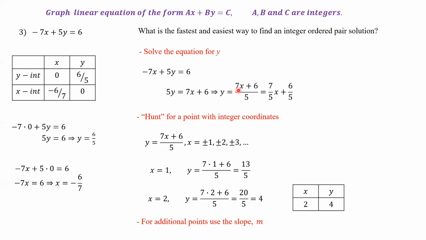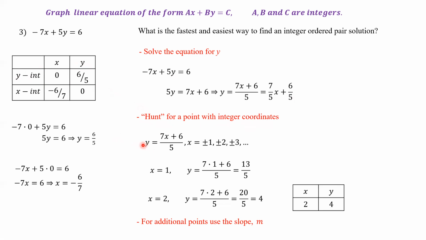Now, if I divide each term in my numerator by the denominator, I'm going to get 7/5 x plus 6/5. And you probably recognized it as the slope-intercept form, where 7/5 is the slope and 6/5 is the y-intercept, which we already found. Step number 2, hunt for a point with integer coordinates.